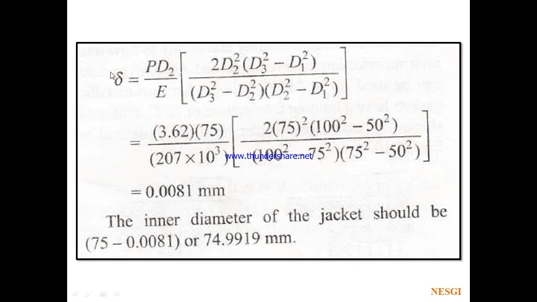Next, again we need to find the original dimensions of the tube. If you want to find the original dimensions, first you need to find the deformation. This type of calculation is already explained. So find the delta value, and then inner diameter of the jacket should be equal to D2 minus delta.